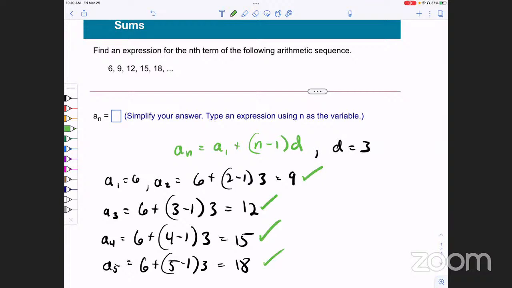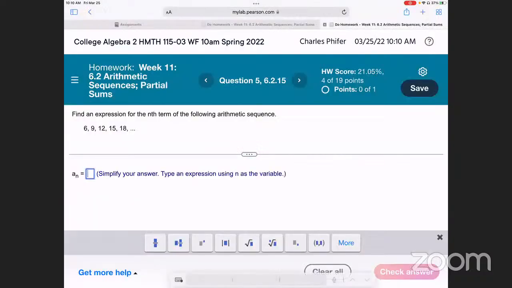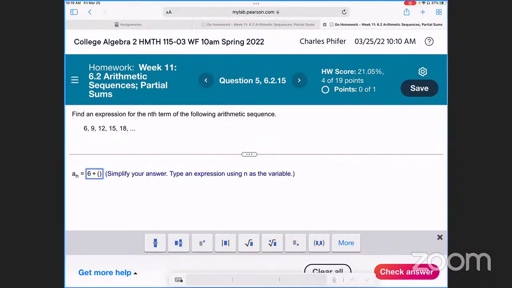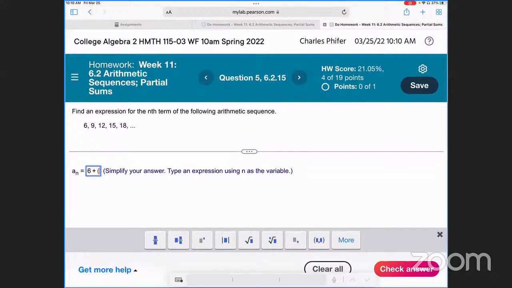Okay, so let's submit. So we got 6 plus n minus 1 times 3, and then we should probably simplify it. So I think we said this was 6 plus n minus 1 times D, and D was 3 in this case.